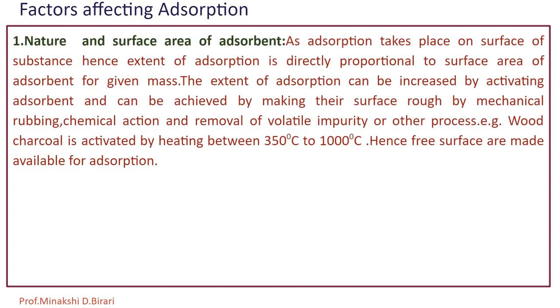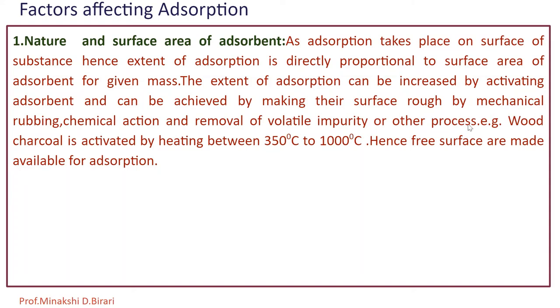First of all, nature and surface area of adsorbent. As adsorption takes place on the surface of a substance, hence the extent of adsorption is directly proportional to the surface area of the adsorbent for a given mass. The extent of adsorption can be increased by activating the adsorbent, which can be achieved by making their surface rough by mechanical rubbing, chemical action and removing volatile impurity or other process.